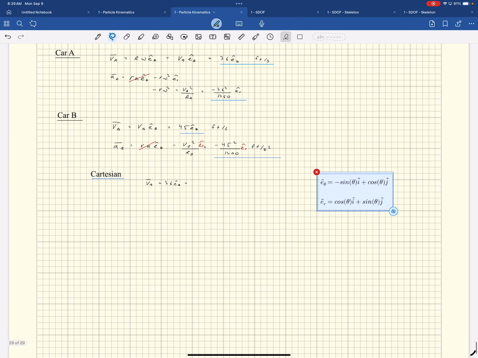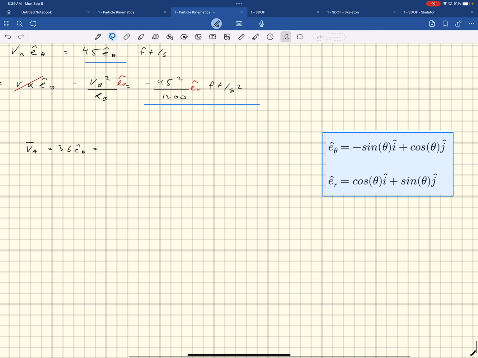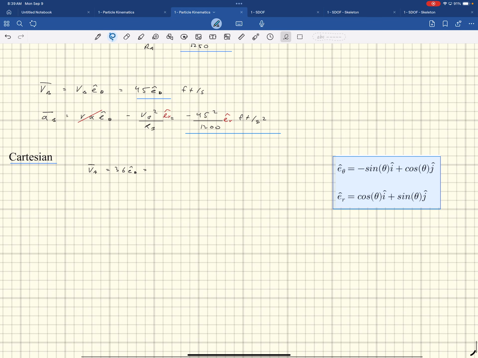You could just reference up above, but I gave this to you before. The way you use this is every time you see an e theta in this conversion, you just write this. So you don't have to think too much. If you looked at the geometry, you could figure it out. You could say, well, if I could figure out e theta, I can figure out what components go this way and what components go that way, or just use this definition that we made from before.